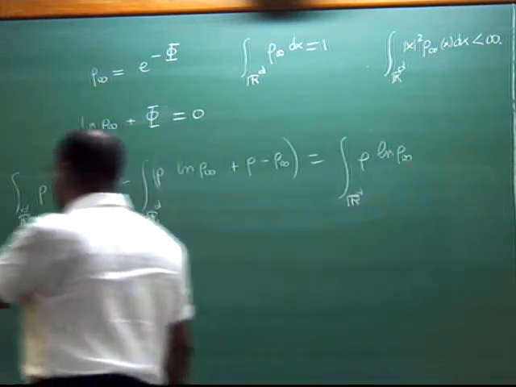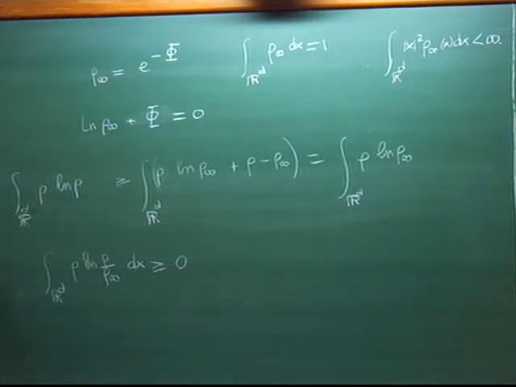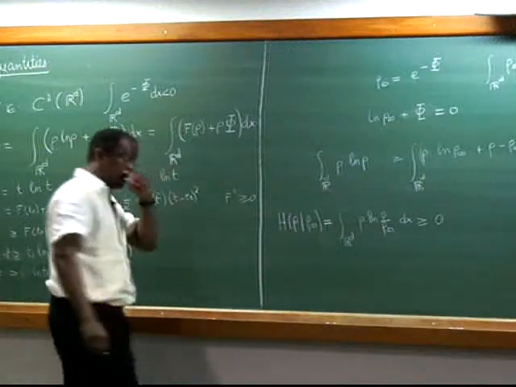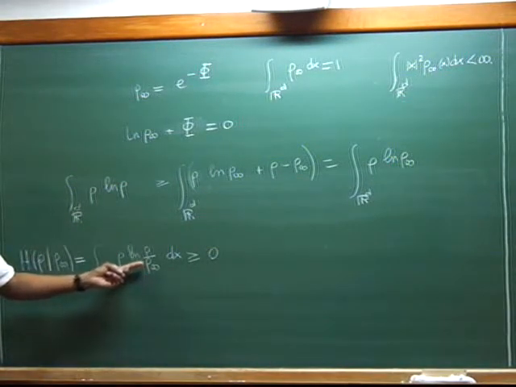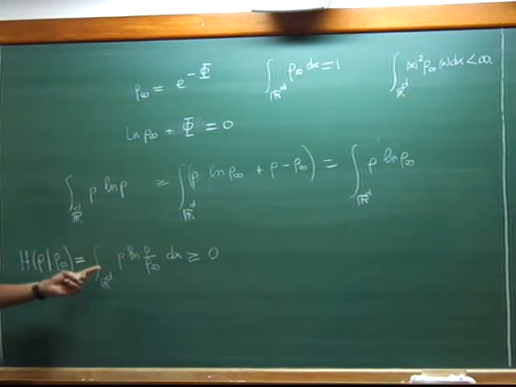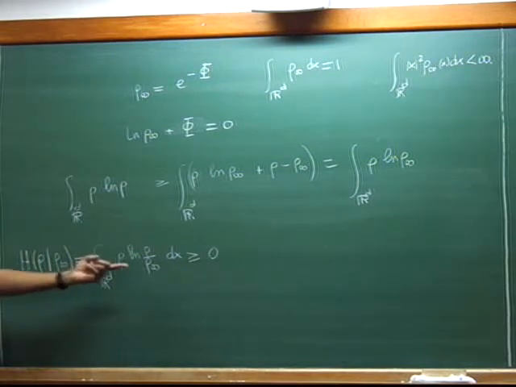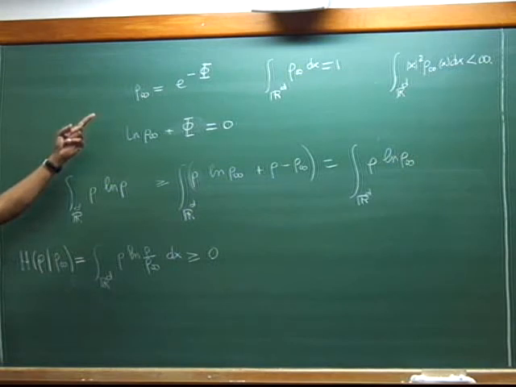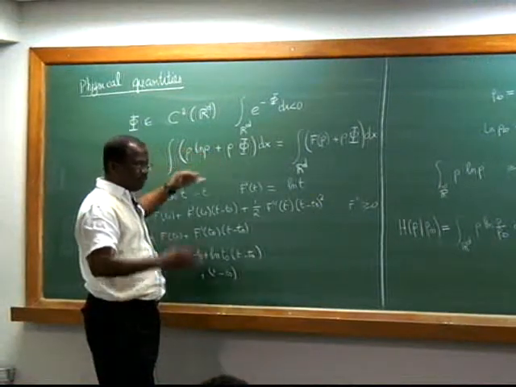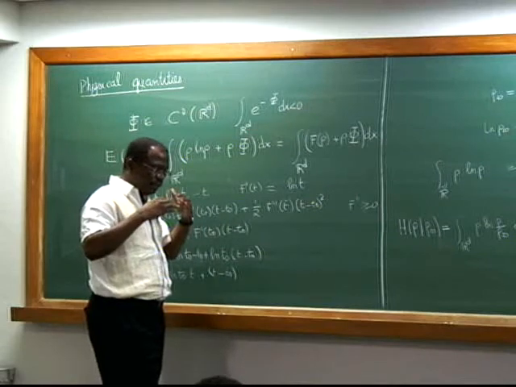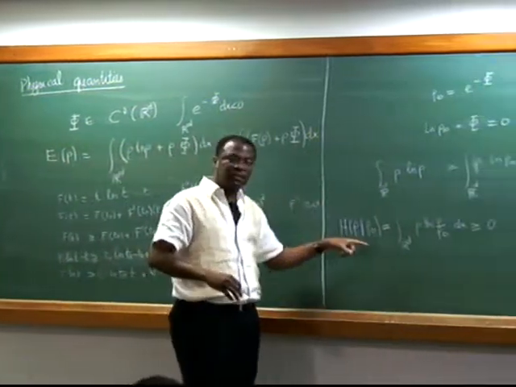So this expression is called the relative entropy of rho with respect to rho infinity. So when rho equals rho infinity, you have log of 1, which is 0. And so it is telling me that the relative entropy attains its minimum at rho infinity, and rho infinity will be the equilibrium of this energy. So if you run a gradient flow with this energy, when you let time go to infinity, the solution should go to rho infinity, the equilibrium.